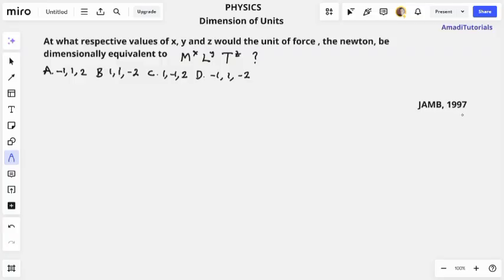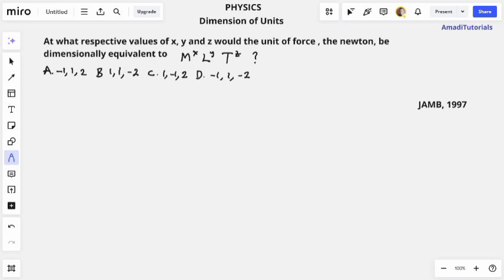Welcome, JAMB 1997, under dimension of units. It says, at what respective values of x, y, and z would the unit of force, the Newton, be dimensionally equivalent to m raised to power x, L raised to power y, and t raised to power z?